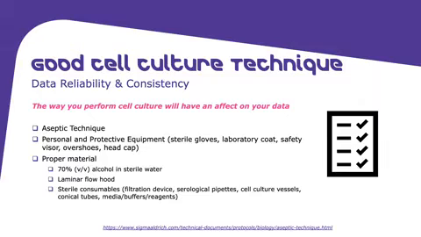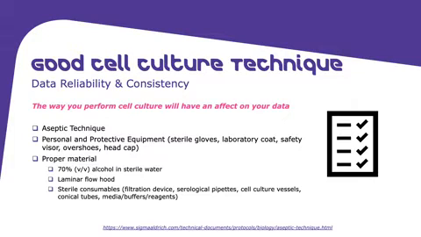In order to produce reliable and consistent data, make sure that your lab and all your colleagues follow good cell culture techniques. Only in that case can nothing affect your data. Make sure that you follow aseptic technique and that all your personnel as well as equipment are sterilized and sterile.